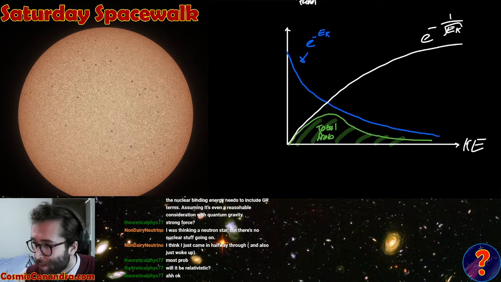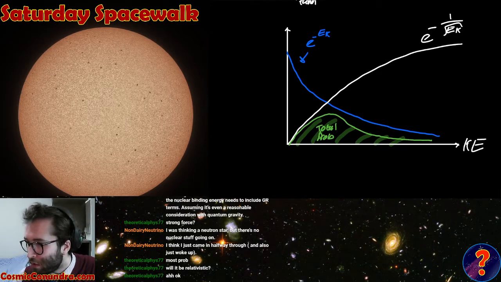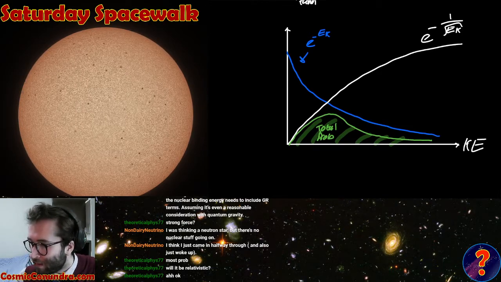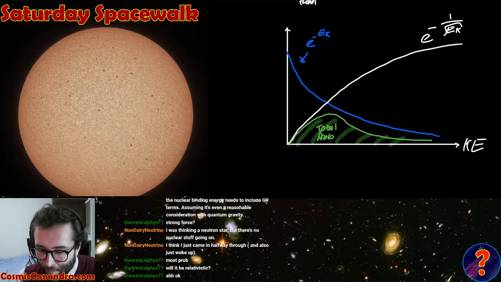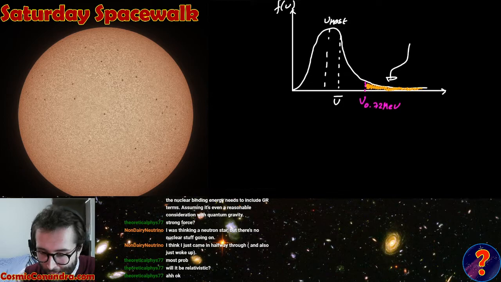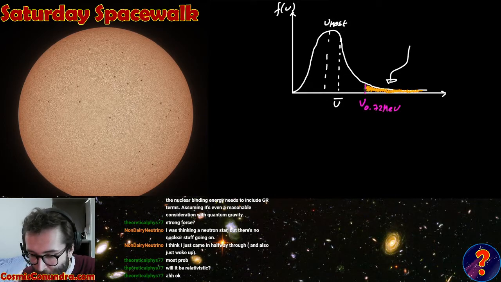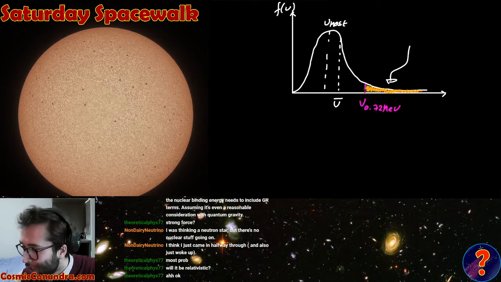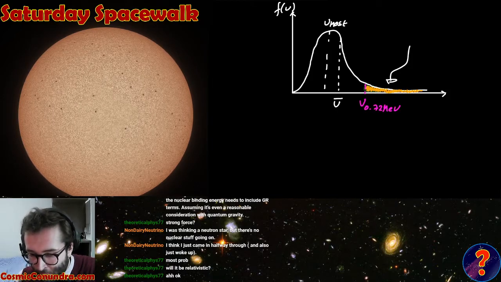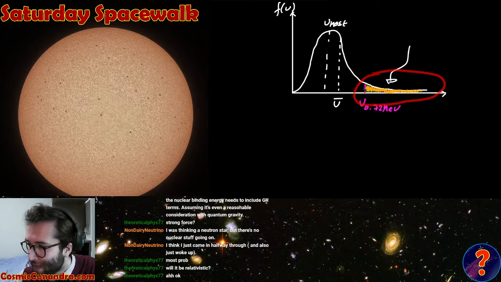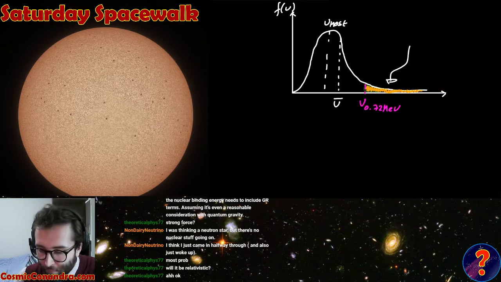That would give you the probability that all of your nuclei from 0 speed up to very, very large speed will tunnel. And likewise, the probability that your nuclei will fuse by this Boltzmann tail is given by this area under here, okay?